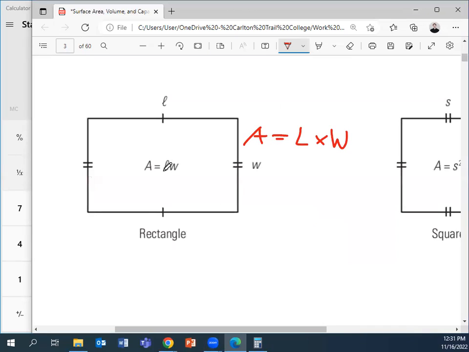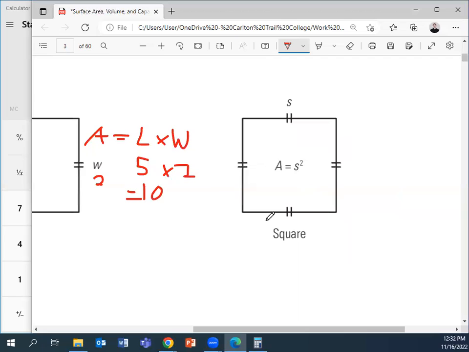That's what the L and the W mean here, which means I would take whatever number this is, times it by whatever number that is, and that gives me my answer. So in this case, if the length is 5 and the width is 2, 5 times 2 is 10, right? Basically, it's just substitution. That was the thing we practiced on Thursday, where you're just substituting numbers in for the values there.